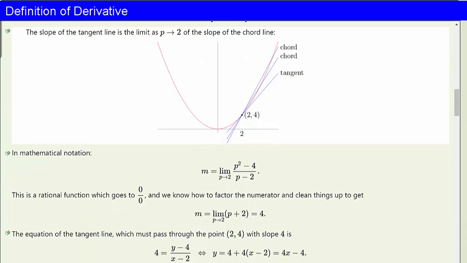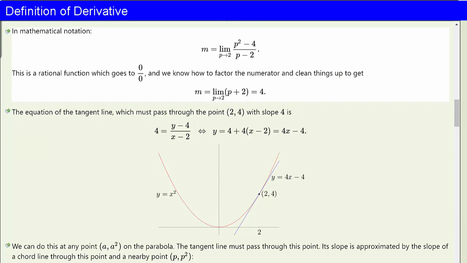Now comes the dramatic finish, thanks to having converted the geometric problem of finding a tangent line to an algebraic one. The slope of the tangent line is the limit as P tends to 2 of the slope of the chord line. In mathematical notation, m equals the limit as P goes to 2 of P squared minus 4 divided by P minus 2. This is a rational function which goes to 0 over 0.